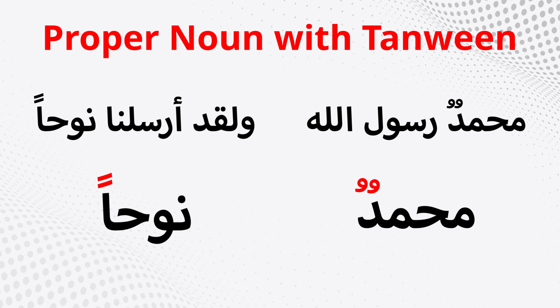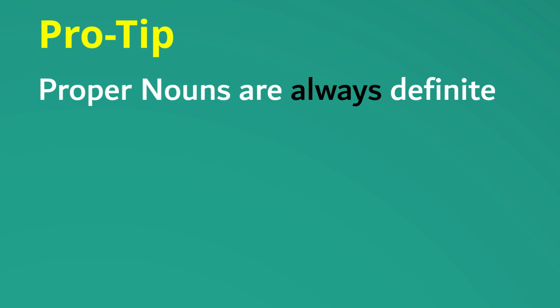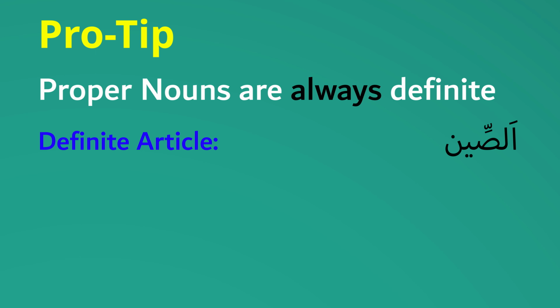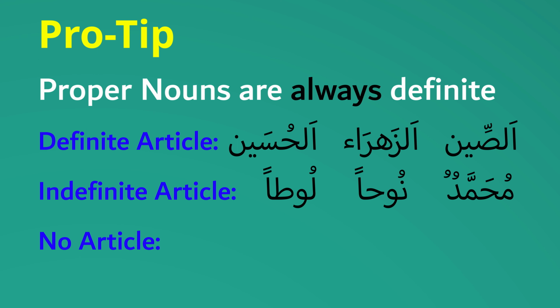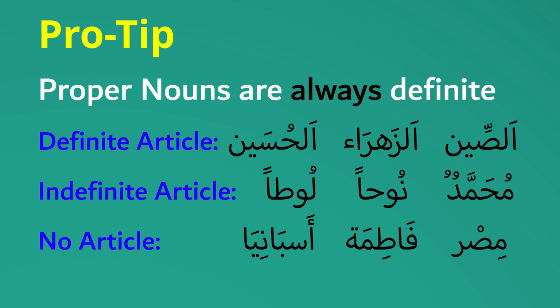So here is another pro tip. Proper nouns are always definite. Either they have the definite article like we saw in these examples, الصين, الزهراء, الحسين, or they have the indefinite article which is tanween like محمد, نوحا, لوطا, or they don't have either of the two articles, مصر, فاطمة, or Espana.